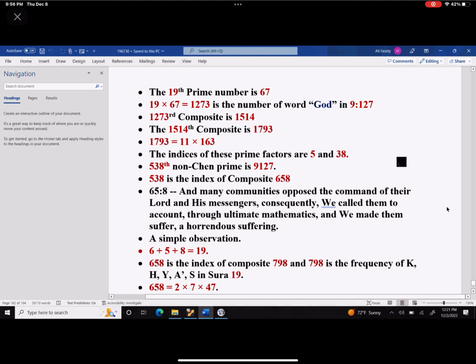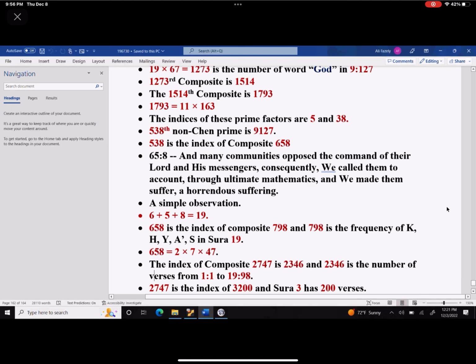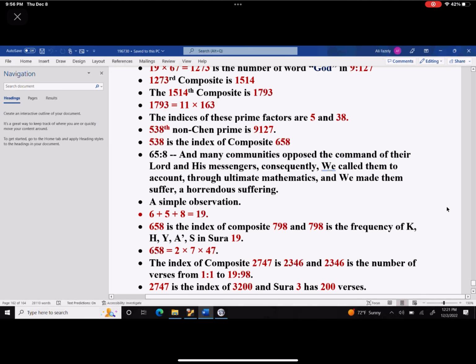Let's see the other uniqueness and property of 658. 658 factors into 2 times 7 times 47. Now, look at the structure of this number: 2, 7, 47.